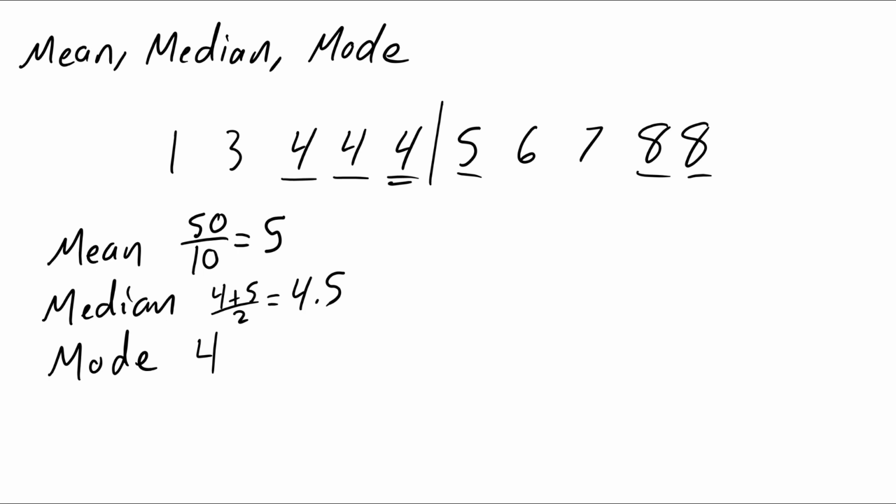The mode is not something that the calculator gives you, but it's something that's pretty easy to pick out. Another thing you learned was how to find the mean of grouped data or interval data. And so we'll do an example like that real quick. We won't use the calculator, but you can watch the video to see how to do it in the calculator.